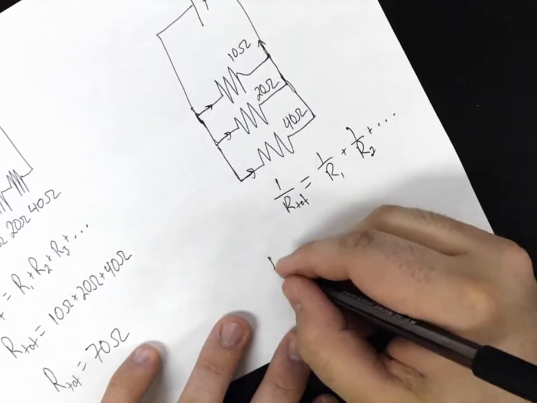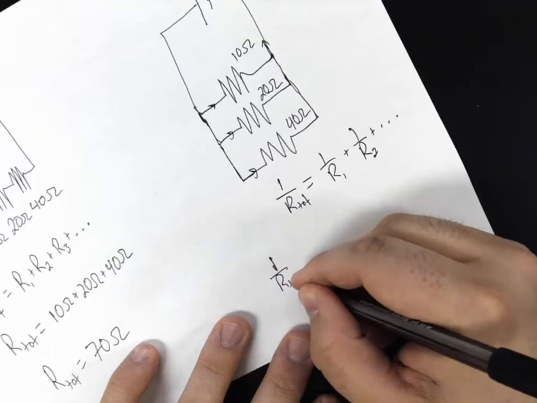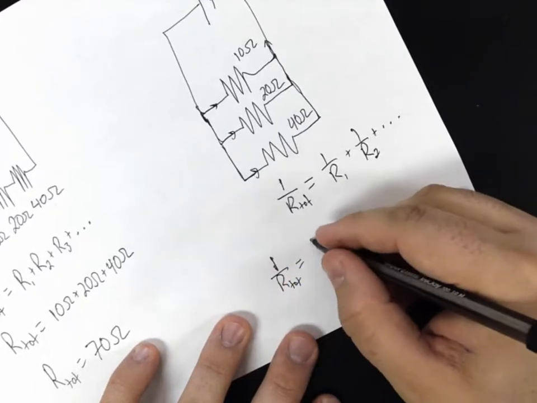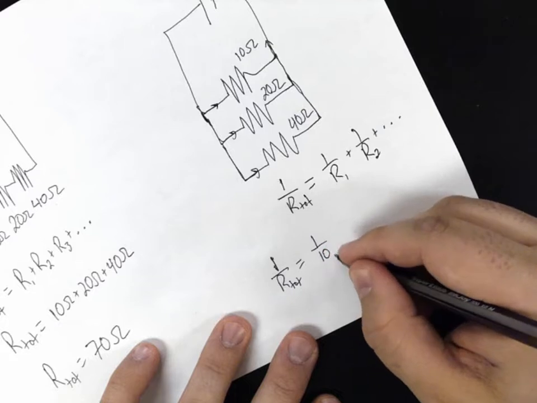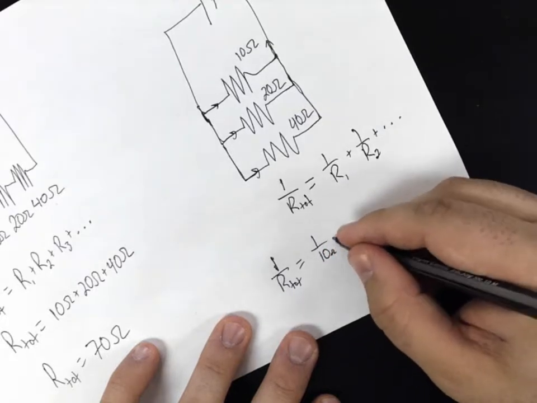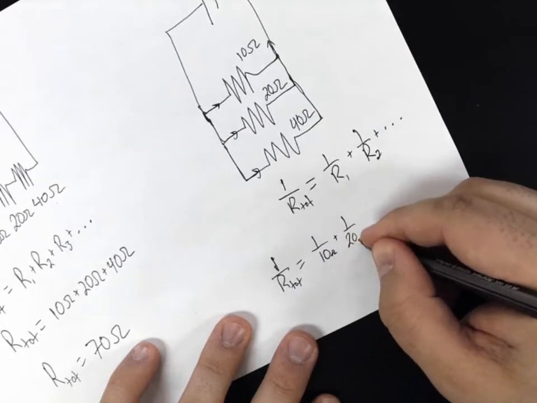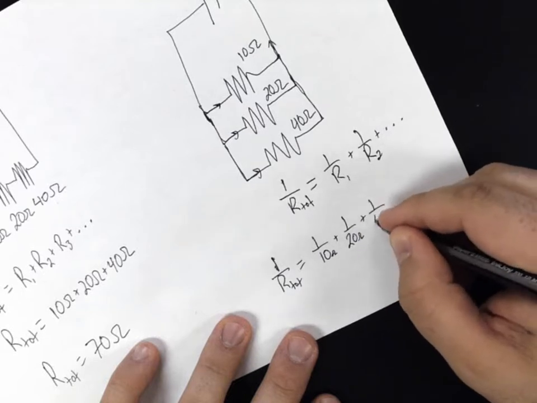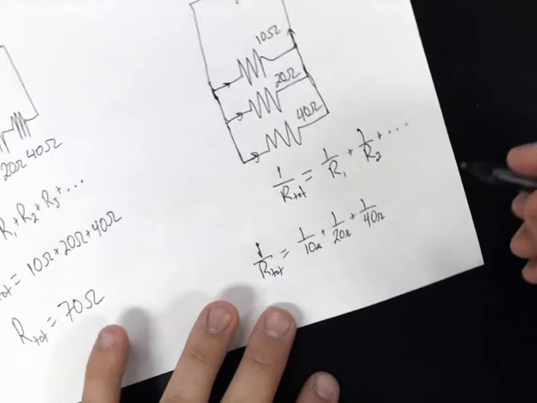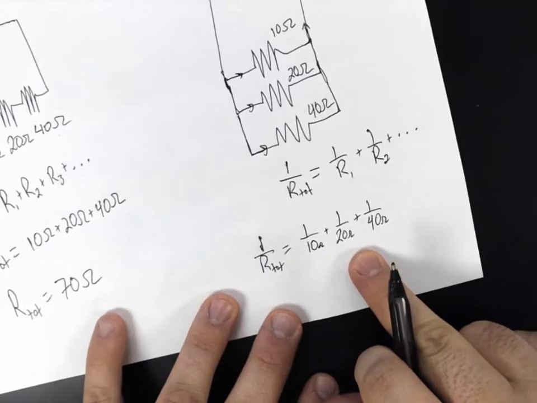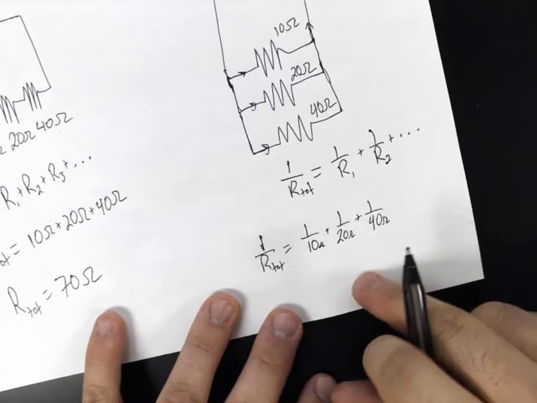Now, this one will be a little bit different. I won't be able to just assume I know everything. So 1 over 10 ohms, plus 1 over 20 ohms, plus 1 over 40 ohms. There are 2 ways to do this: one is finding the decimals for each of these, and the other is using the least common denominator.